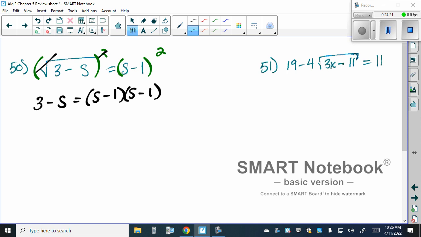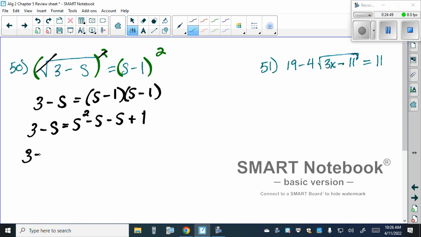Now we need to use the distributive property on our s minus 1 times s minus 1. So that we have 3 minus s. S times s is s squared, minus s, minus s, plus 1. Because s times negative 1 would be negative s, negative 1 times s would be negative s, and negative 1 times negative 1 is going to be plus 1.